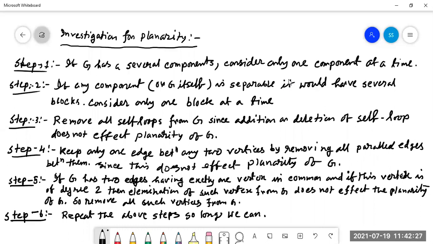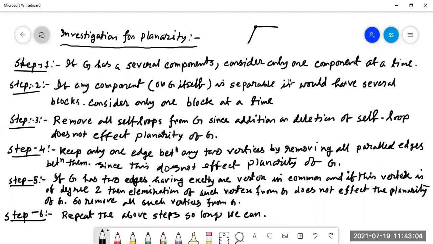Step number 5: if G has two edges having exactly one vertex in common, and if this vertex is of degree 2, then elimination of such a vertex from G does not affect the planarity of G. So remove all such vertices from G. Is it understood? If we take this as the common vertex, with one edge and a second edge, right?